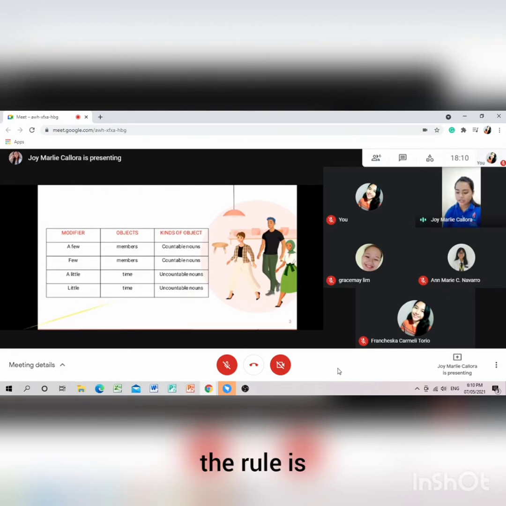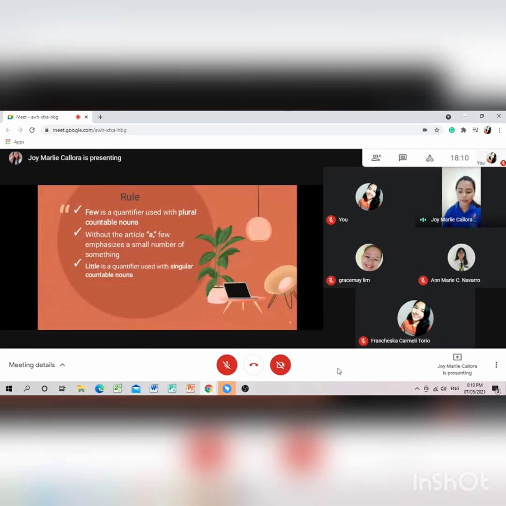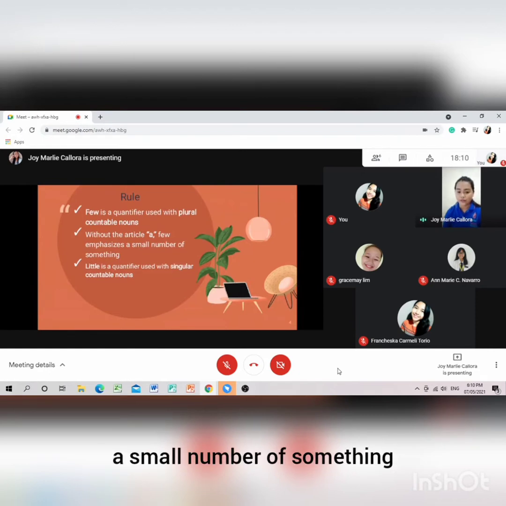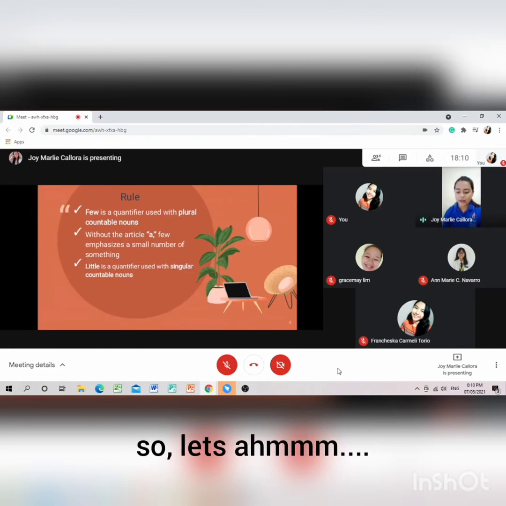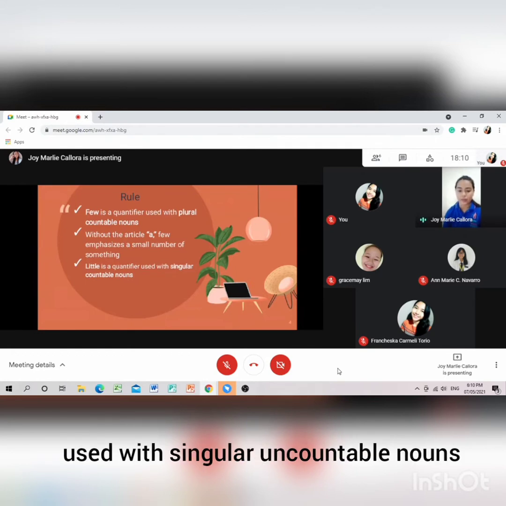The rule is: few is a quantifier used with plural countable nouns. Without the article a, few emphasizes a small number of something, and adding the article removes the emphasis. A few means some. Little is a quantifier or modifier used with singular uncountable nouns.